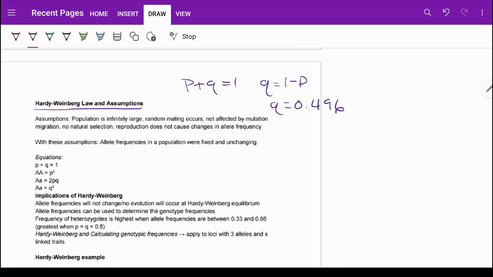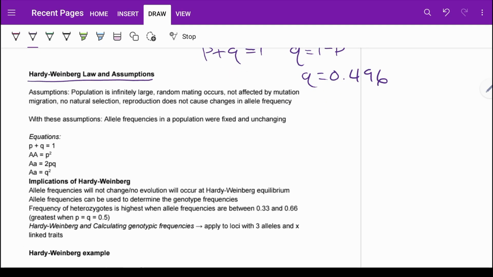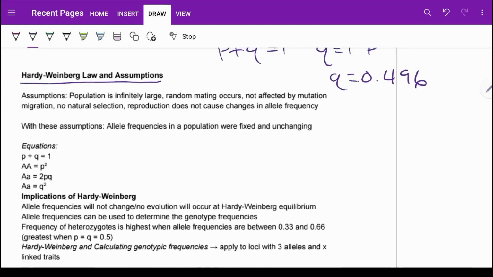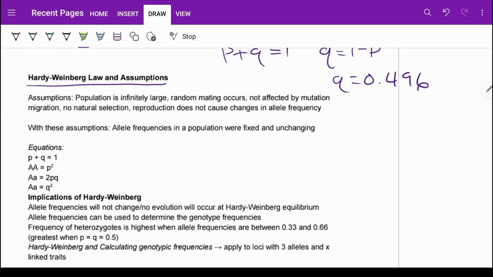0.496. And that takes us straight into Hardy-Weinberg's law, which is basically this set of equations. Hardy-Weinberg's law operates on a set of very defined assumptions: the population is infinitely large, random mating occurs, so no natural selection, it's not affected by mutation or migration, and reproduction does not cause changes in allele frequency.